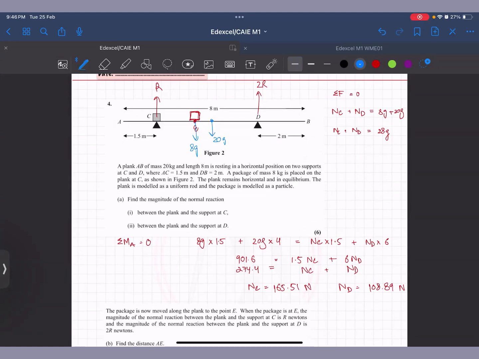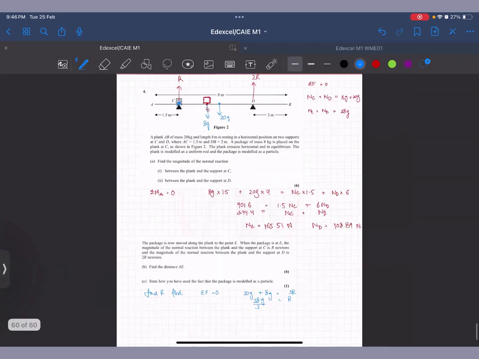Now let's suppose, let's take this point C as the pivot. We can take any point, but let's take this point C as the pivot. So the sum of moments around point C is 0. Clockwise moments are 8g times x.